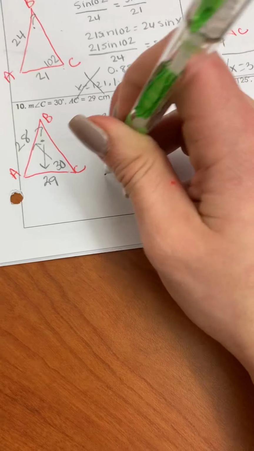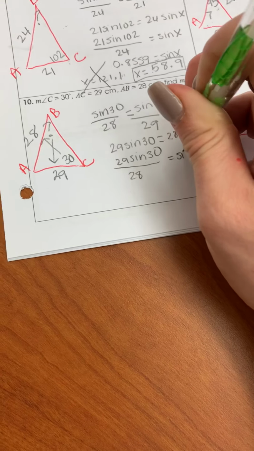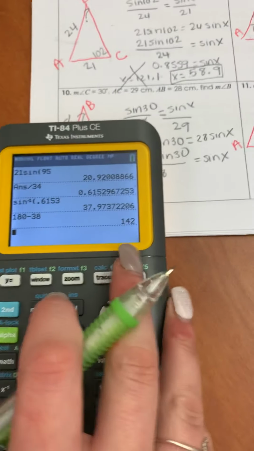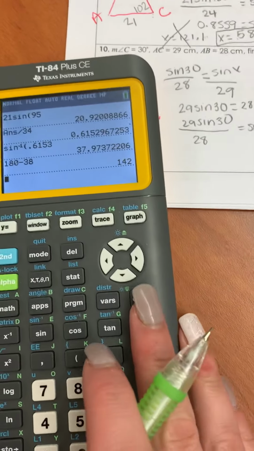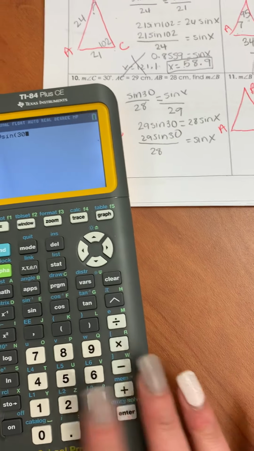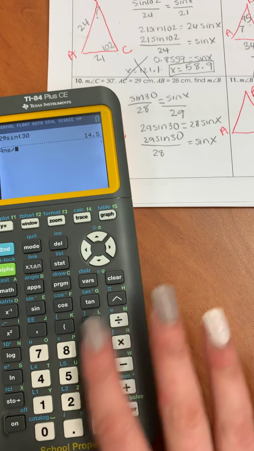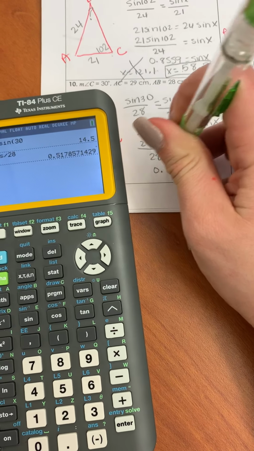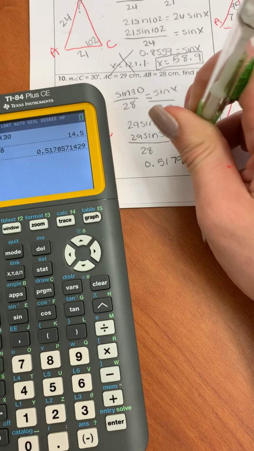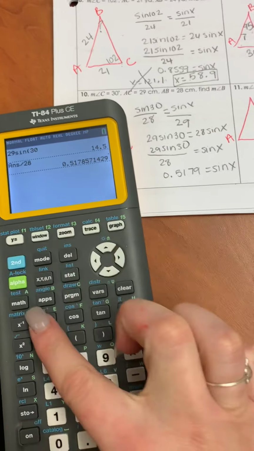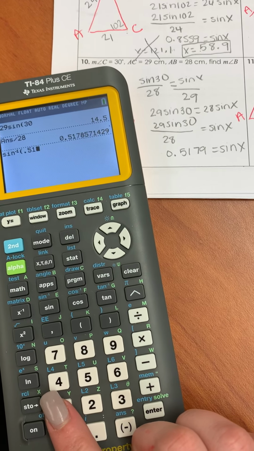And divide by 28. So 0.5179. And I'm really only rounding like this because some people don't have this fancy calculator.